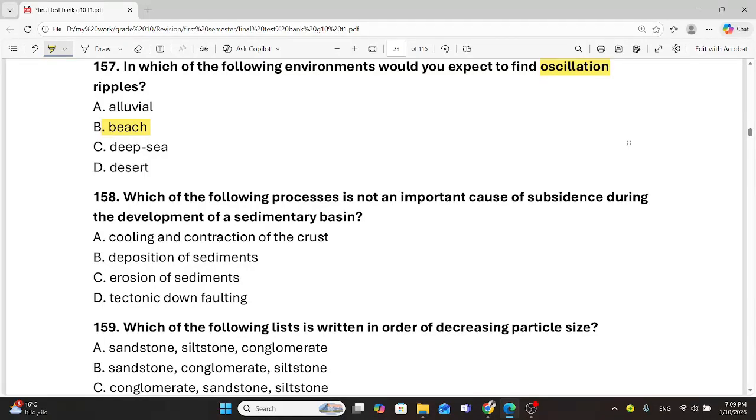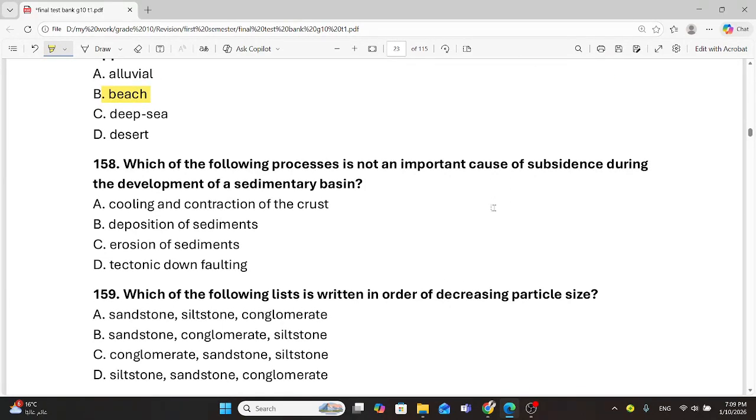طيب which of the following process isn't an important cause of subsidence during the development of a sedimentary basin. Cooling and contraction of the crust ولا deposition of sediments ولا erosion of sediments isn't important. Erosion of sediments.